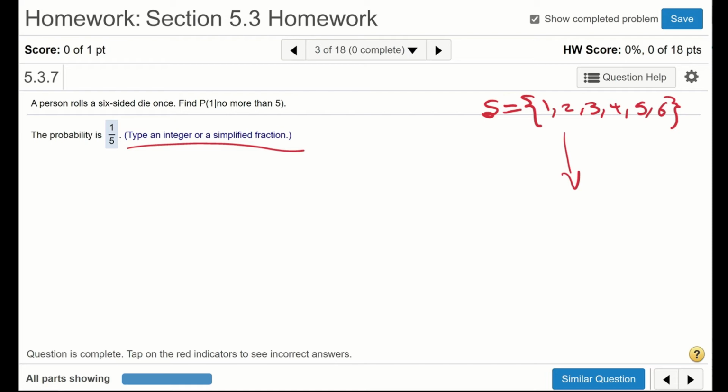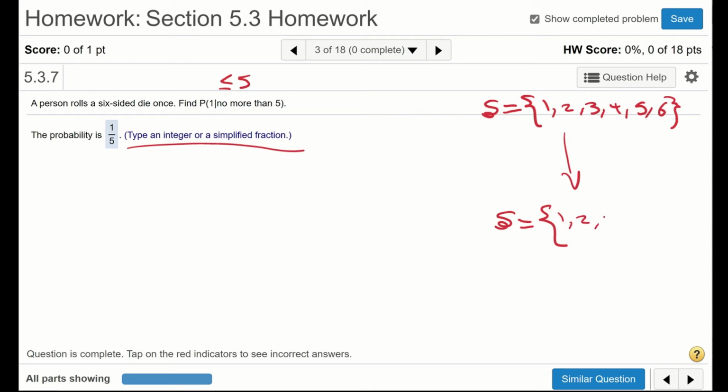Okay, so the new sample space, given this new requirement, is going to be S equals, this is the modified sample space. It's going to have no more than 5, right? That means, remember, no more than 5 means less than or equal to 5, right? So we know the outcome was less than or equal to 5.